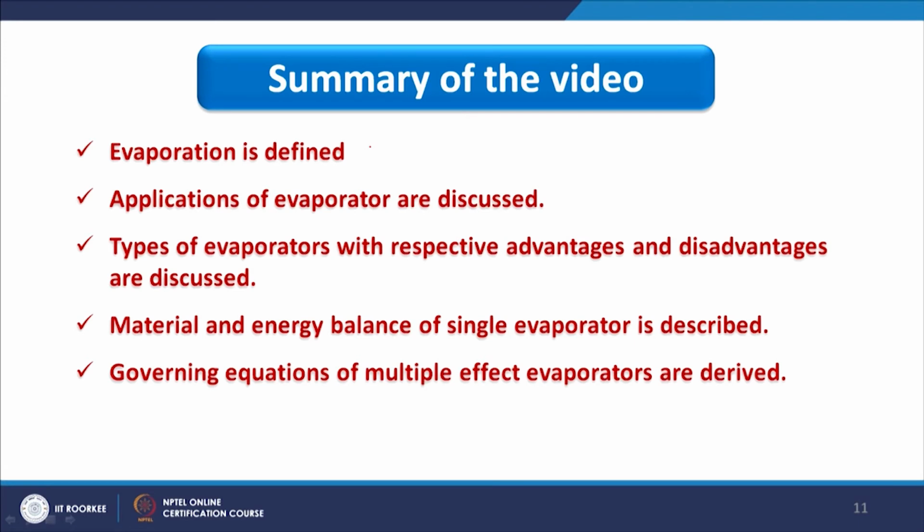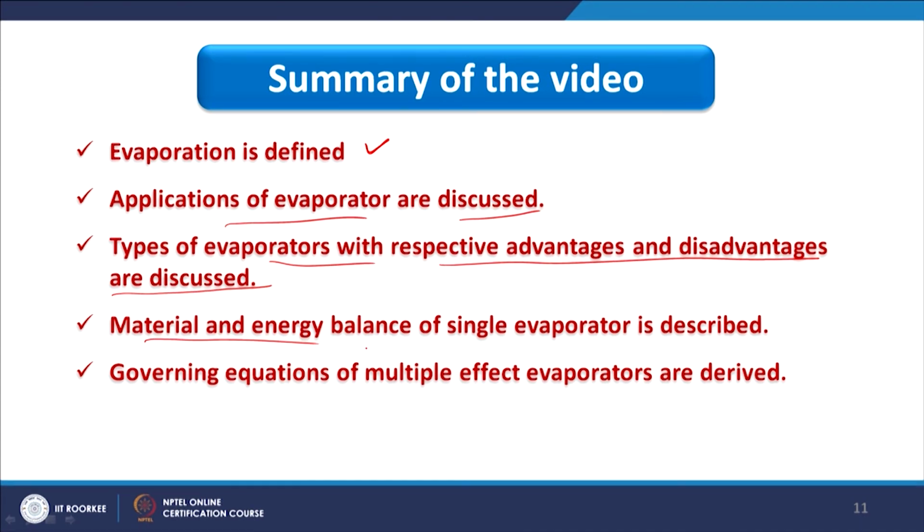Here we have the summary of the video, which covers the 34th and 35th lectures of this week, in which we have discussed the evaporator. Here we have defined evaporation, applications of evaporators are discussed, and types of evaporator with respective advantages and disadvantages are discussed in detail.